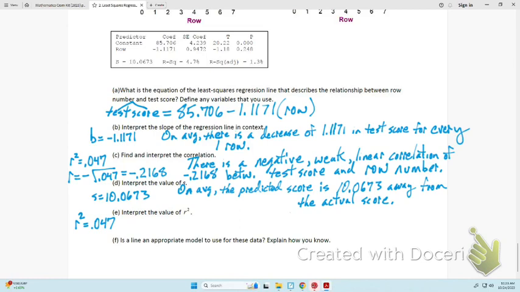I typically just use a percent, so I would say something like 4.7% of the variation in y, so of the variation in test score, because that's y, is explained by a linear relationship with x, in this case, with row number.